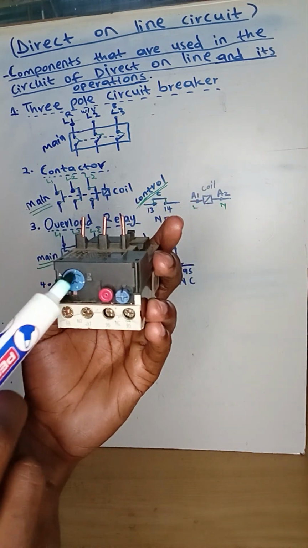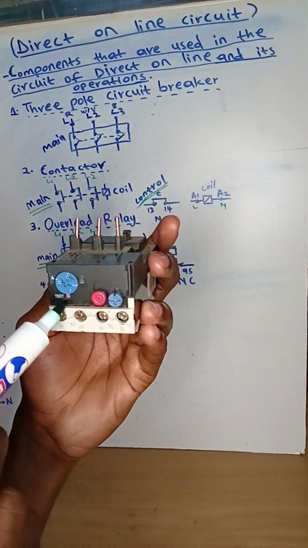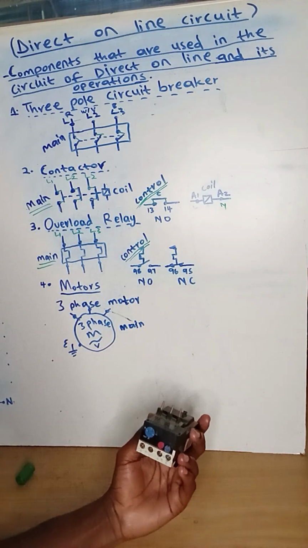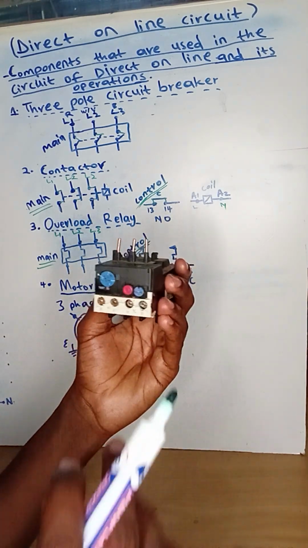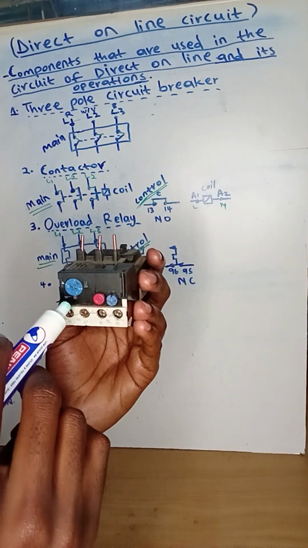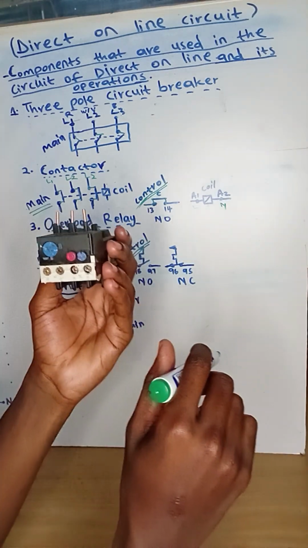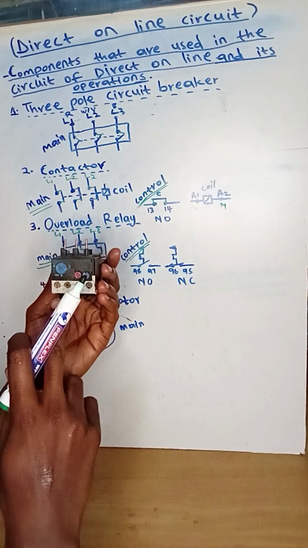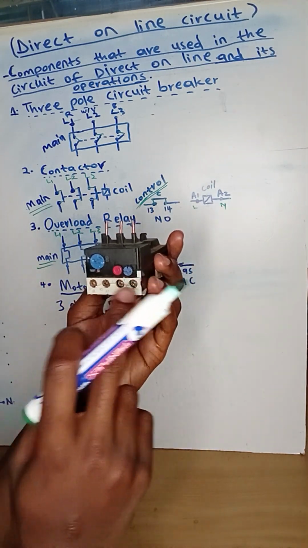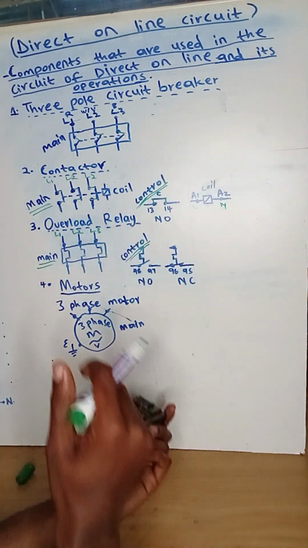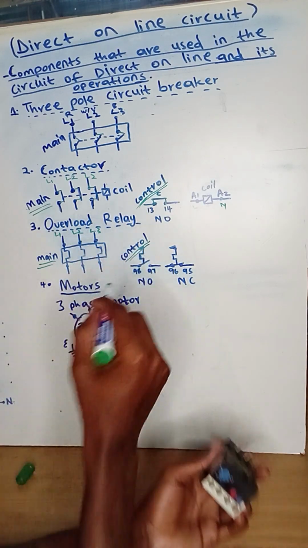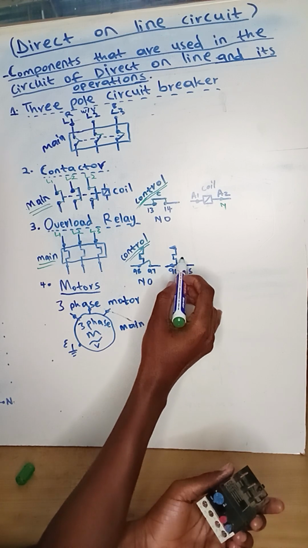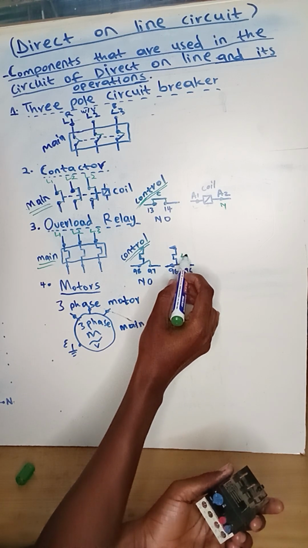Under this blue circle, there's a button that says test. This is how the test button works. When the circuit trips, this button will be pushed inside, which changes these two auxiliary contacts of the overload relay. When there's a trip, the normally open contact will become closed and the normally closed contact will become open.